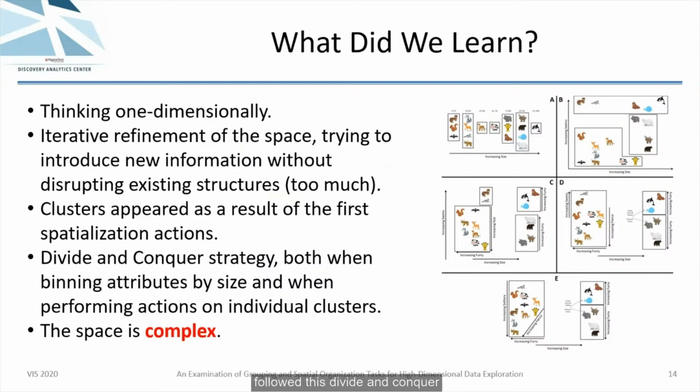She also generally followed a divide and conquer strategy after forming these groups, as well as when binning the animals by size, dividing the dataset into more manageable chunks that she could perform operations on. And then finally, as you could see from that final slide, this space is very, very complex. It's not something that is easily governed by a single weight vector. Instead, there are different areas with influences of different dimensions in a variety of locations in the space.